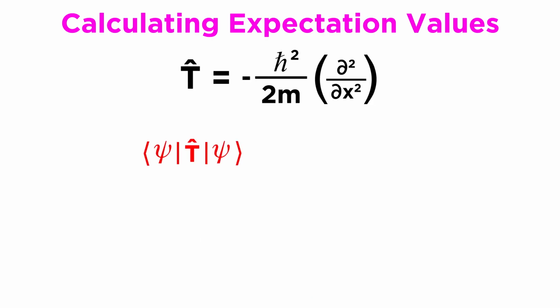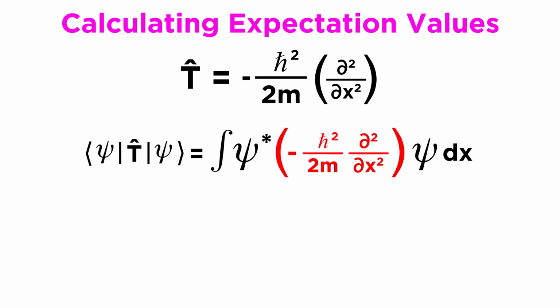Now let's find the expectation value for kinetic energy for a given wave function psi. As we learned, to do this, we place the operator T in between the bra of psi and ket of psi. We can then replace the operator with the expression it represents. We get the integral of psi star times the kinetic energy operator acting on psi dx.